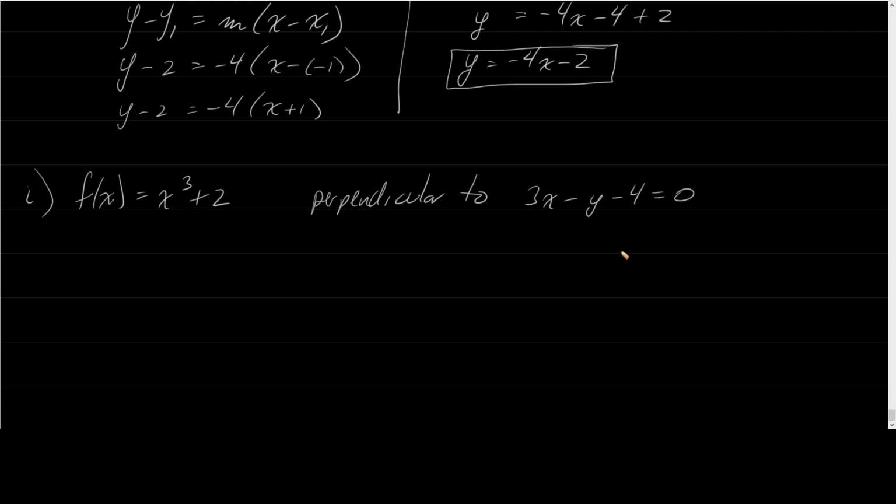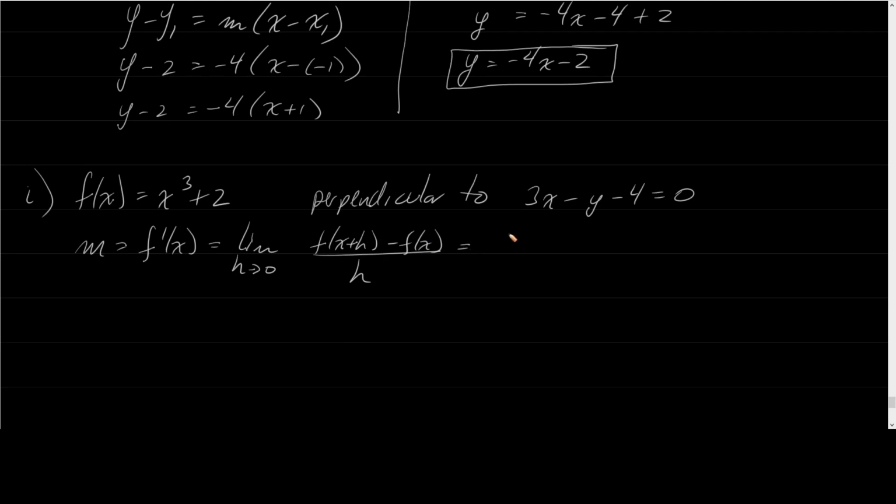All right, so I'm going to start this in the same exact way. First, I'm going to find my generic formula for slope, which is f prime of x. So this gives me the limit as h goes to 0 of f of x plus h minus f of x, all of this over h. Once I do that, I'm going to plug in the x plus h. So what do I get?